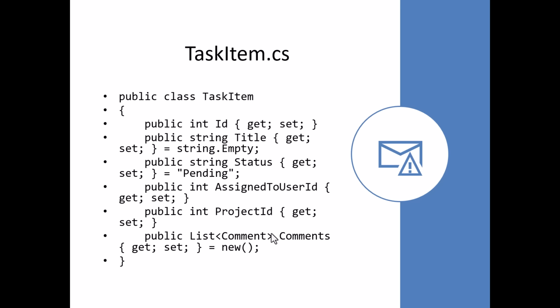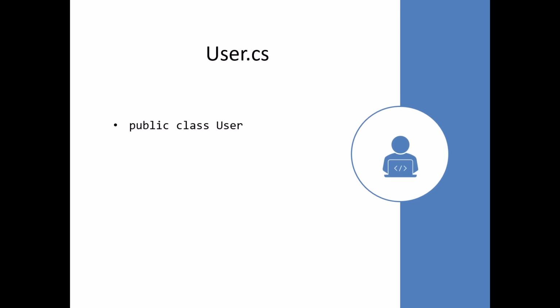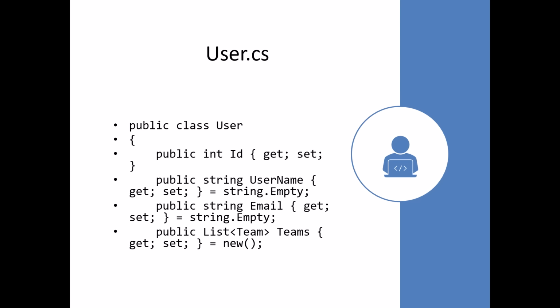Now let's see the user class. It represents an application user. It has username. There is a bit of a typo over here, but don't worry, this will be all clear when we build the models actually in Visual Studio. So username, email, and teams, a list of team.